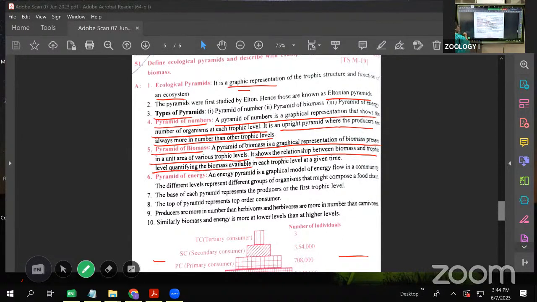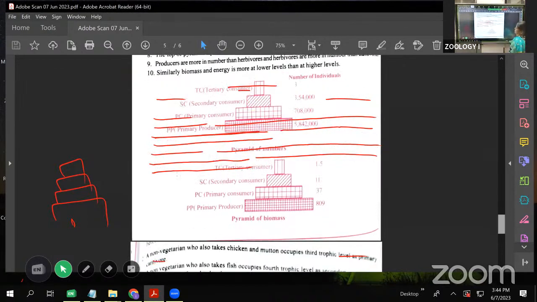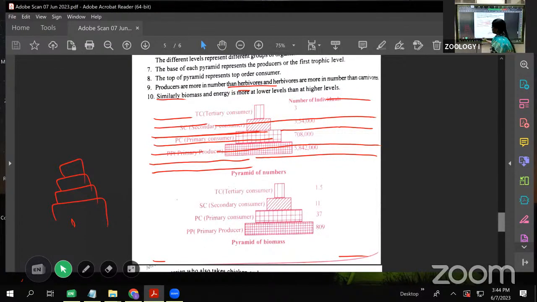At the bottom, more biomass is present, and comparatively less in the upper levels. I will show this one. See this one, the number and the biomass.